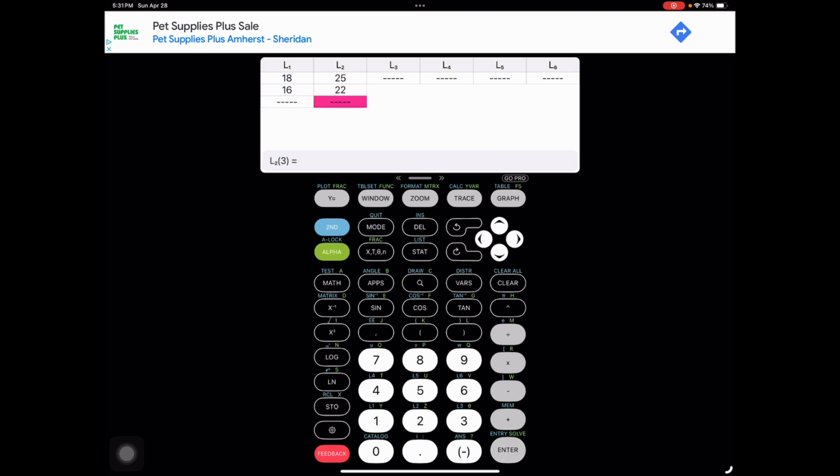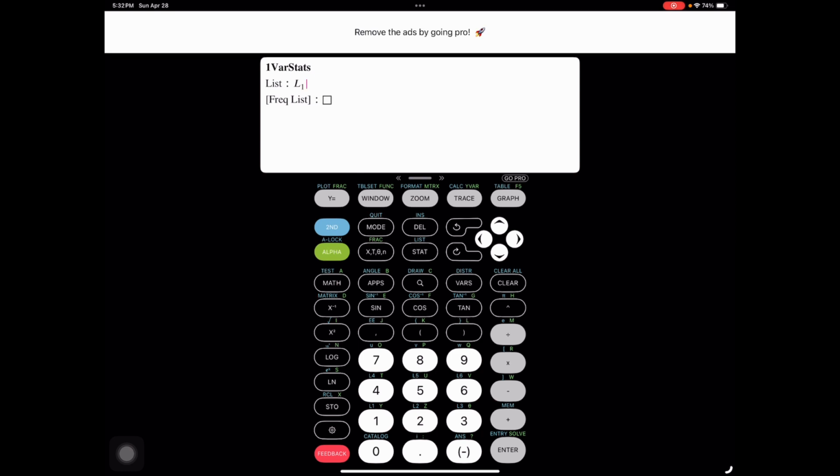So the trick is going to be when you calculate the 5-number summary, if you remember, you go Stat, and then you arrow over to Calc, and you pick 1. You're going to have to do this twice. So do it first where the list is L1, and then you'll go back, clear it, calculate 1, and this will be L2 instead.